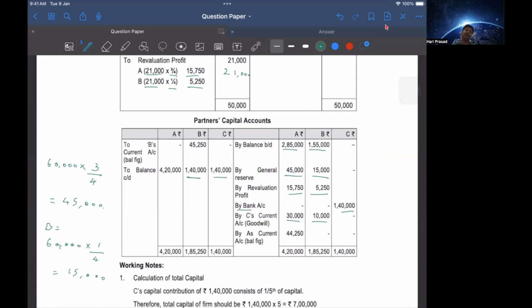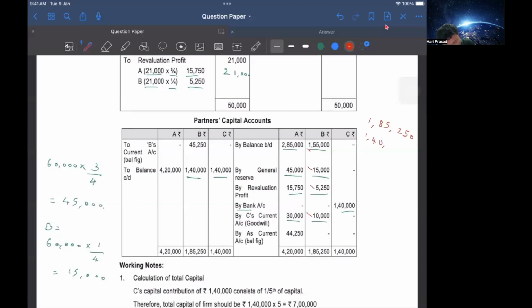Let's find the balancing figure of B's capital account before adjustment. 1,50,000 plus 15,000 plus 5,250 plus 10,000, which is 1,85,250. But B's capital account should be 1,40,000 because it should be equal to C's capital account.